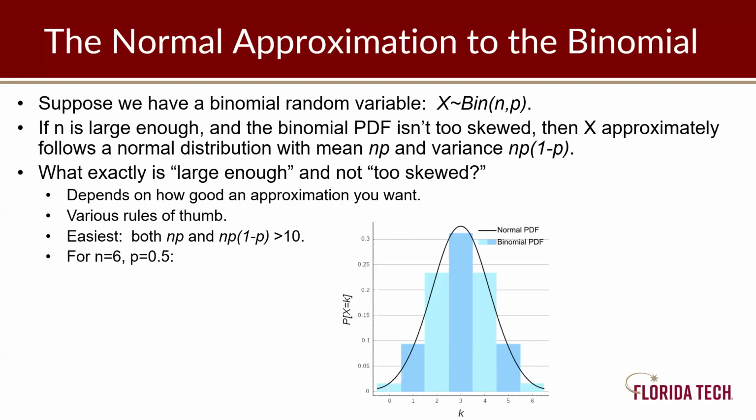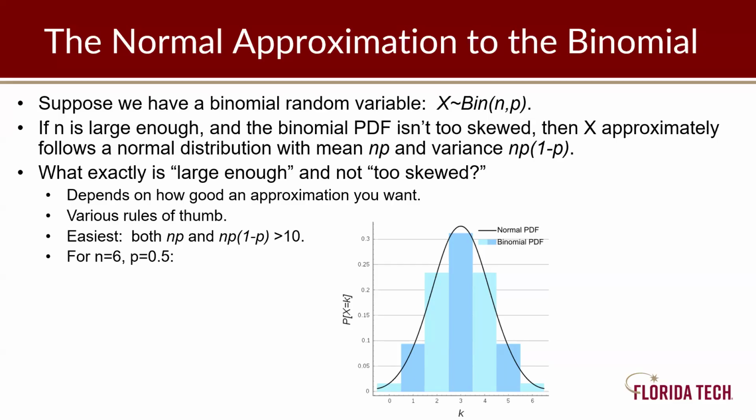With n large enough, and if the binomial PDF isn't too skewed, then x approximately follows a normal distribution with the mean and variance np and np(1 minus p) respectively. Large enough and not too skewed depends on how good an approximation you want. Various rules of thumb, but the easiest, I think, is that you want both np and np(1 minus p) to be bigger than 10.